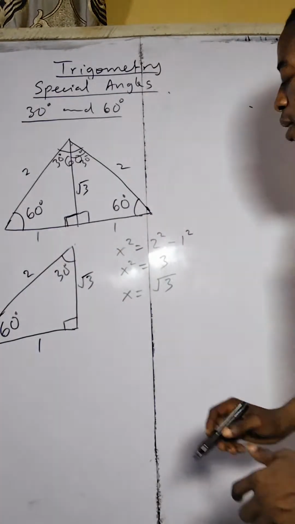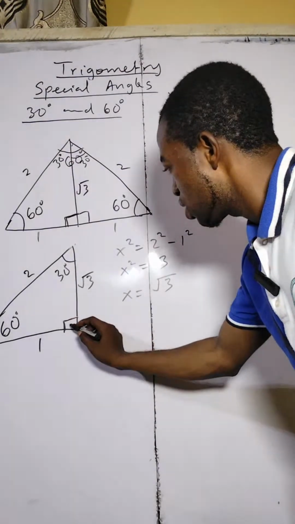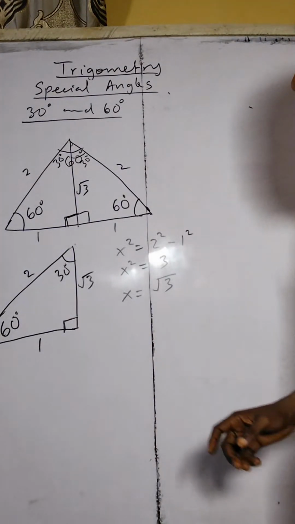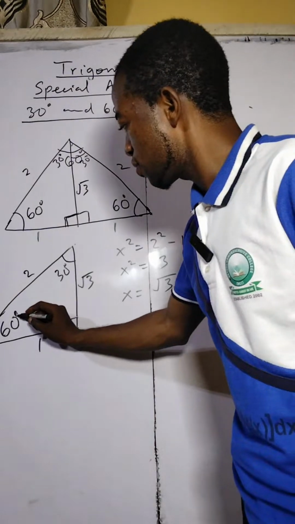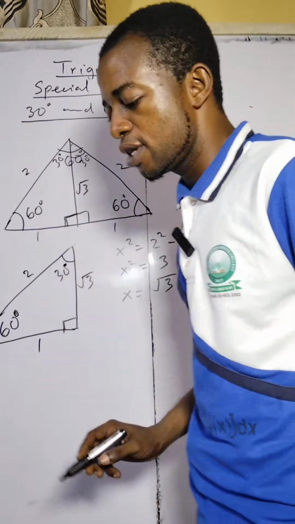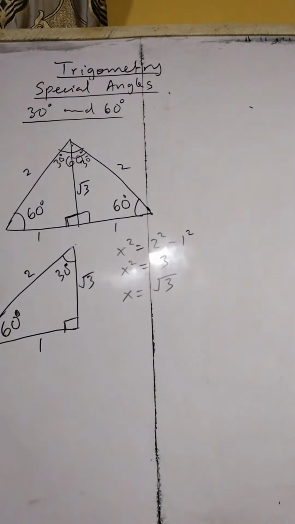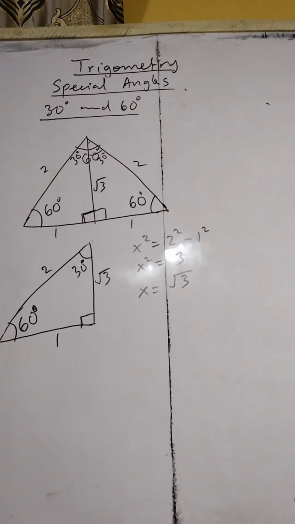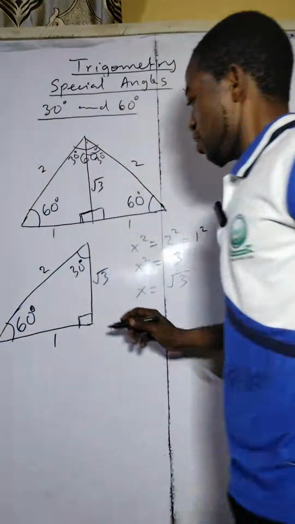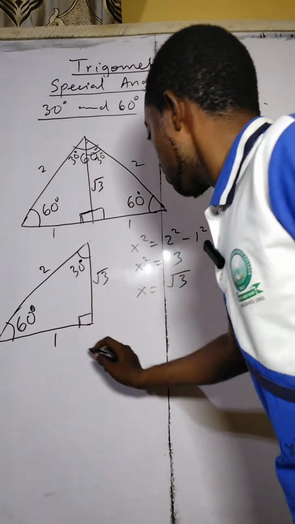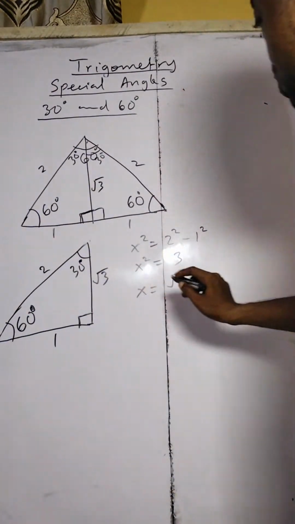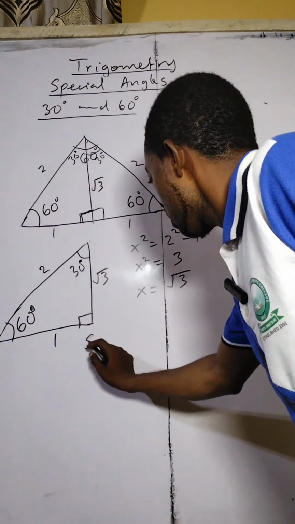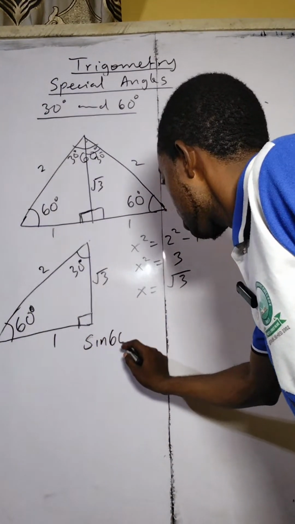Now, we can use this right angle triangle to find the ratios of the special angles of 60 degrees and 30 degrees. Let's check that from here. We have sine 60 degrees.